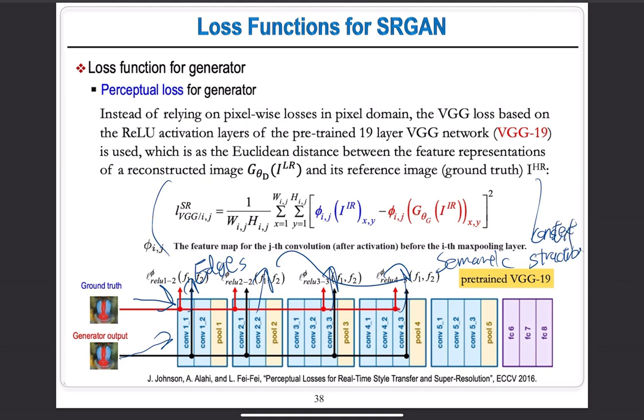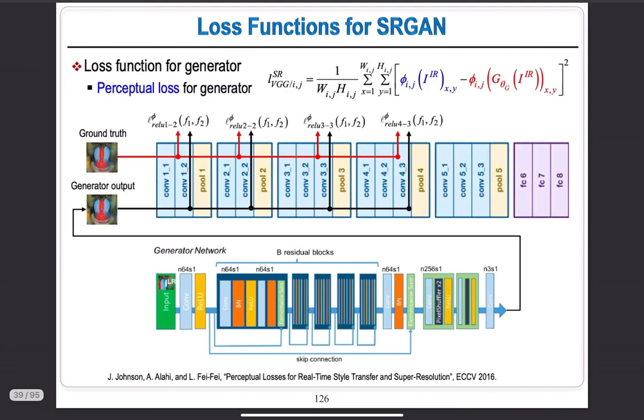This kind of loss allows the model to focus on the overall look or feel of the image rather than just exact pixel values. It's a great example of using a pre-trained network to guide the training of generative models.